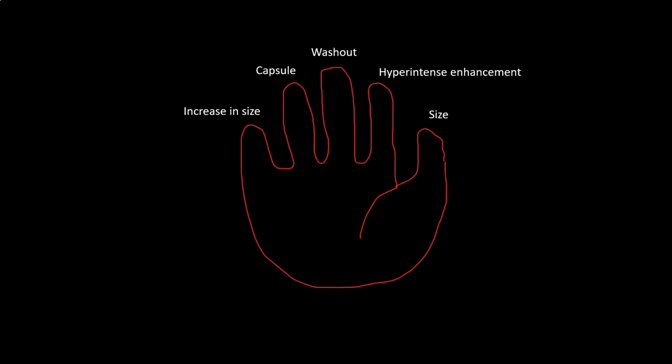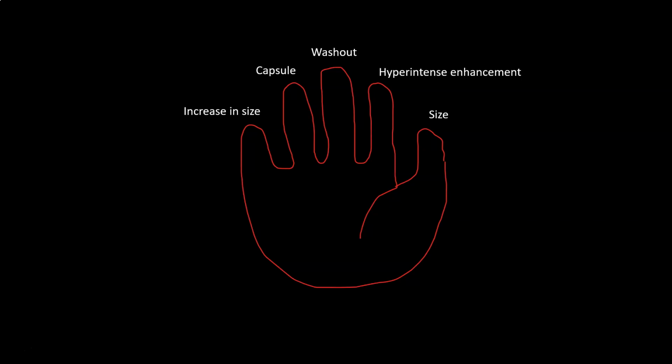To simplify, we will follow 5 criteria allocated here to the 5 fingers of the hand. Number 1 is the size. Number 2 is the hyperintense enhancement, which means that the lesion is enhancing more than the liver on the early arterial phase of the dynamic gadolinium enhanced study or dynamic contrast enhanced CT.